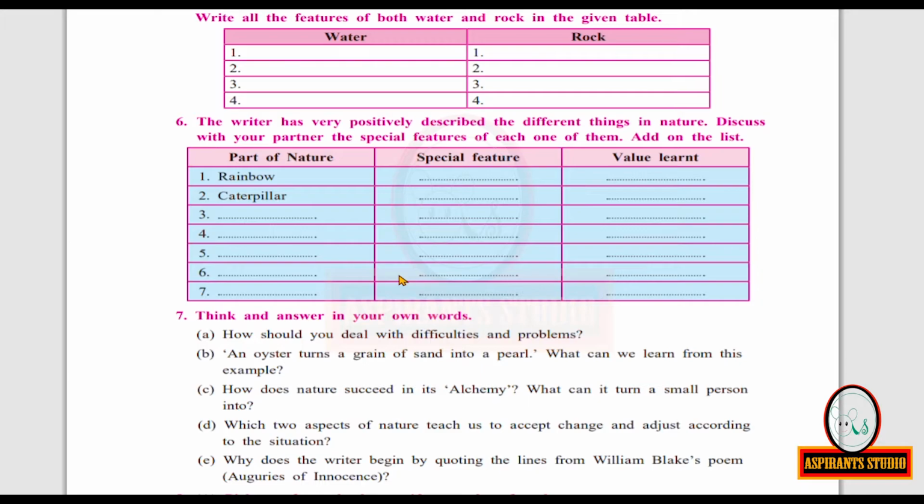And under value learned, you can write however difficult things are in the present, it will not remain so forever.